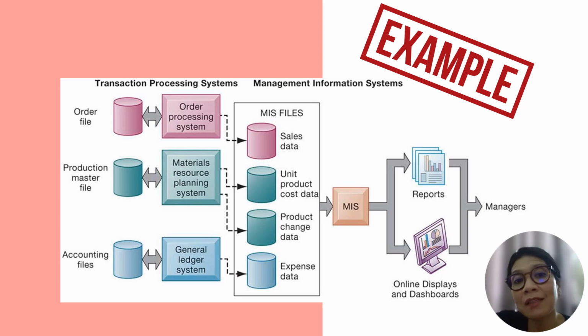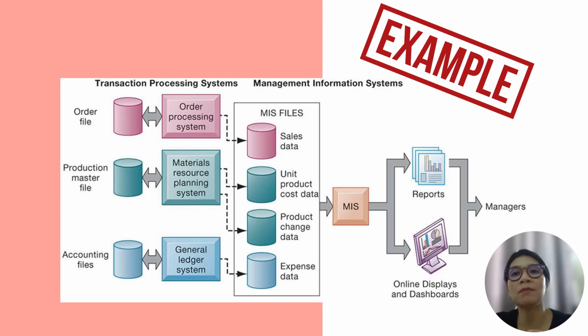Now to better understand transaction processing systems and management information systems, we can see three examples of transaction processing systems, which are order processing system, material resource planning system, and general ledger system. So these three TPS supply summarized transaction data to the MIS reporting system at the end of the time period.